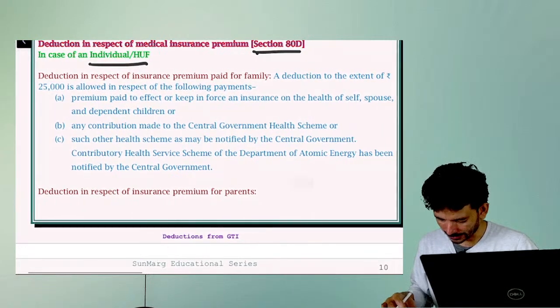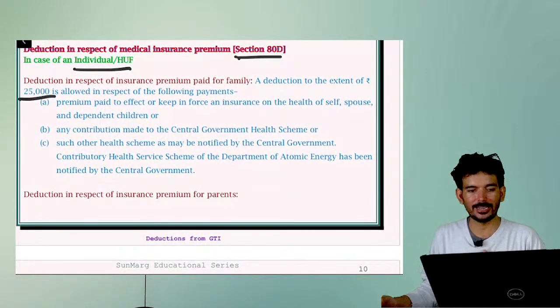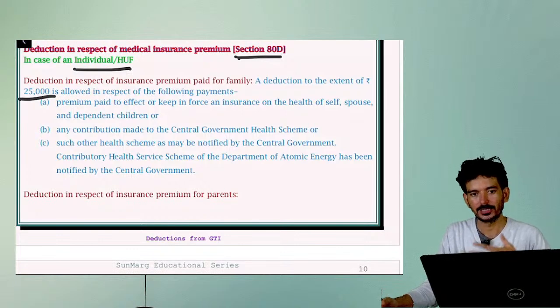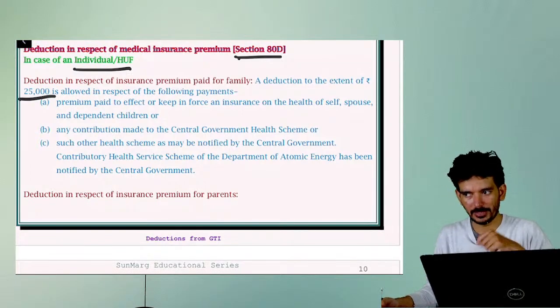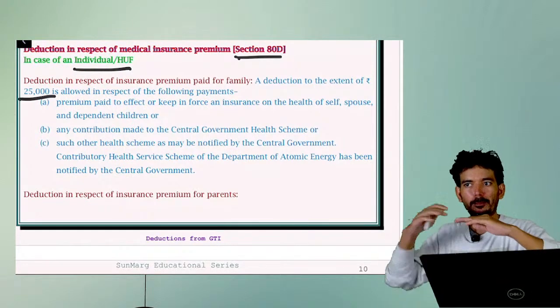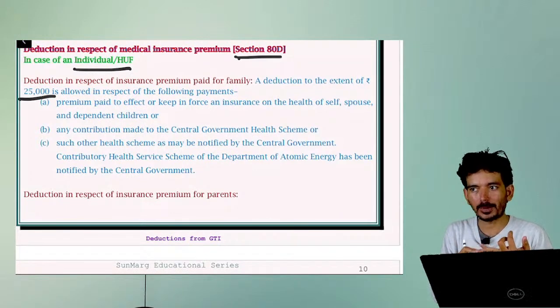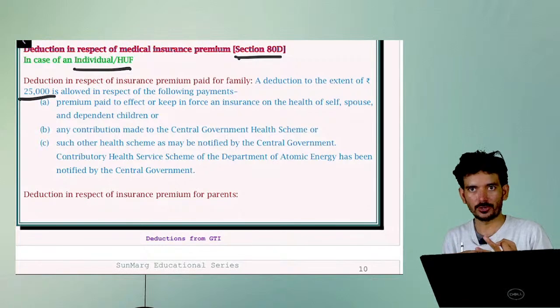How much can you claim? A deduction to the extent of 25,000. Let me give a practical example of myself. I can claim 25,000 for me, my spouse and my kids, all in one category. My parents are another category. If anyone among me, my spouse and kids is a senior citizen, it is 50,000.